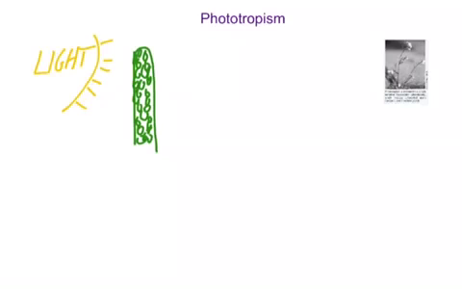So a stimulus is a light source. The receptors that detect the stimulus are proteins embedded in the membranes of the cells in the tip of the plant.